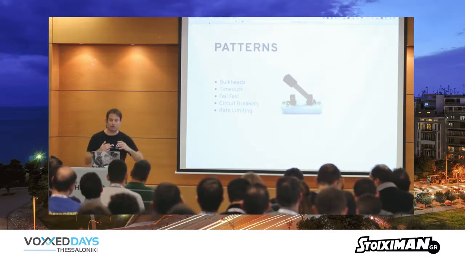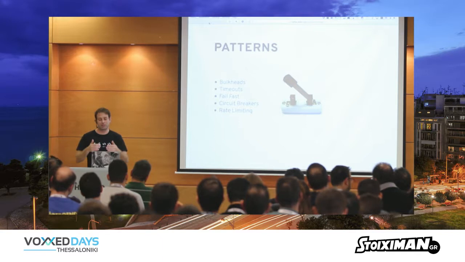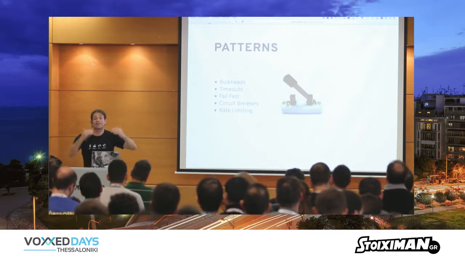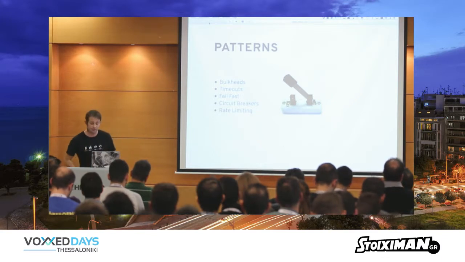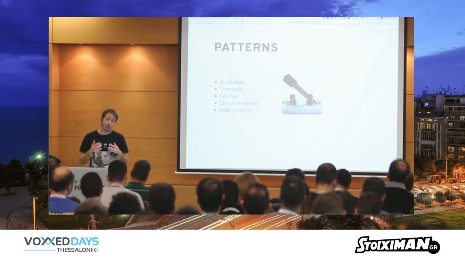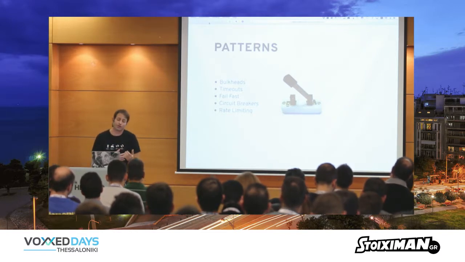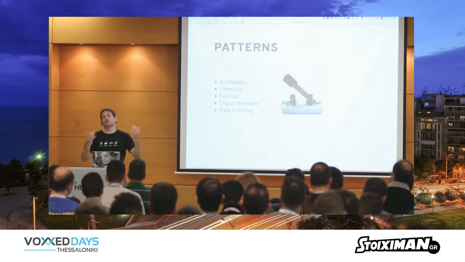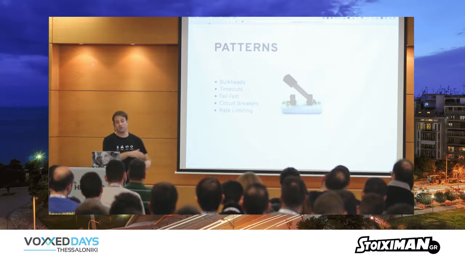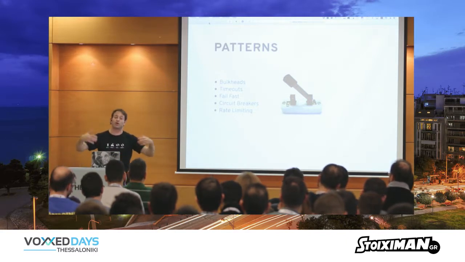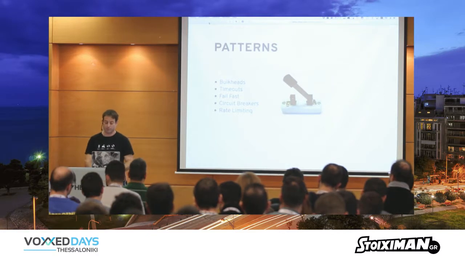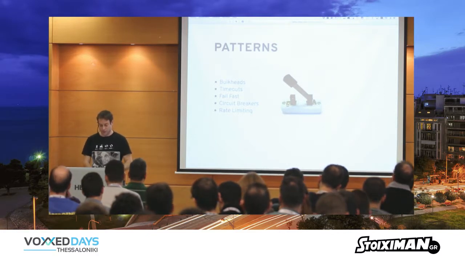This way, if you have problems internally, you could limit the outward side a little bit to give your cluster or your application a chance to recover. It can also be useful from a business point of view. If you have rate limiting built into your system, you can have different levels: if you are platinum level, you can make as many requests as you want. But if you're in the free tier, like the GitHub API, you can make X amount of requests per time frame. So that's another pattern to think about.